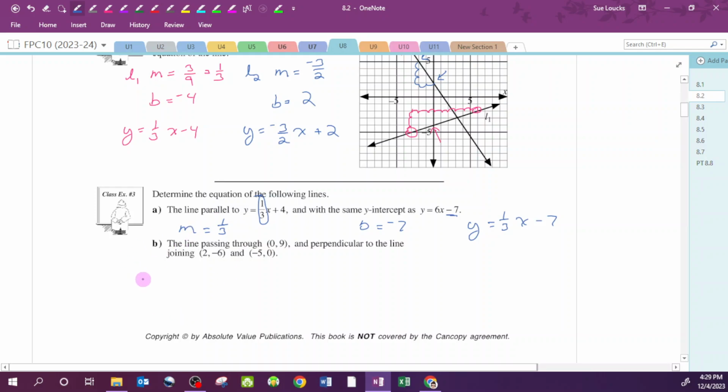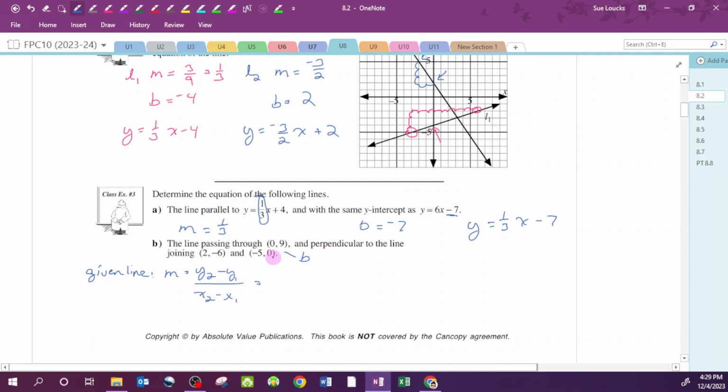And this one is passing through (0, 9). So that's actually our y-intercept. That's b. And it's perpendicular to the line joining those two points. Our given line has a slope equal to y2 minus y1 over x2 minus x1.